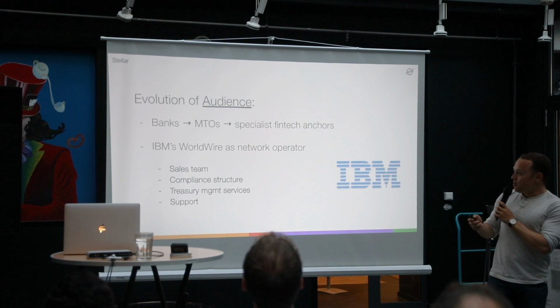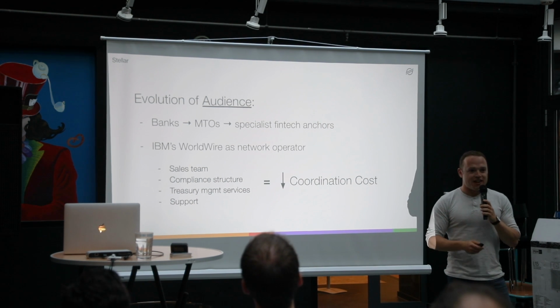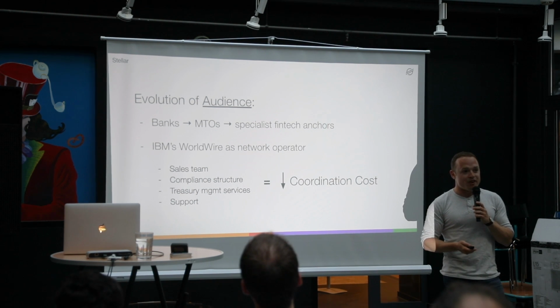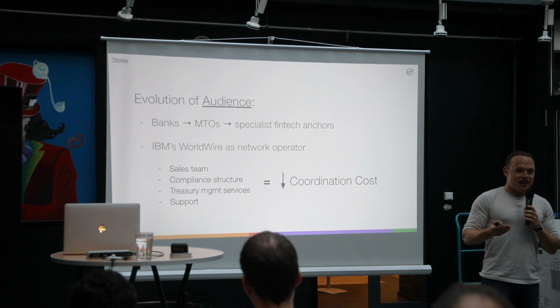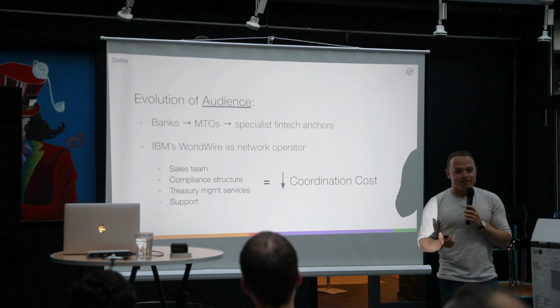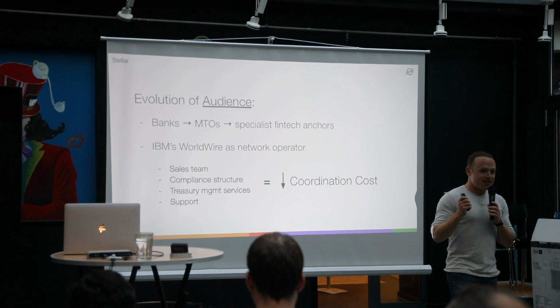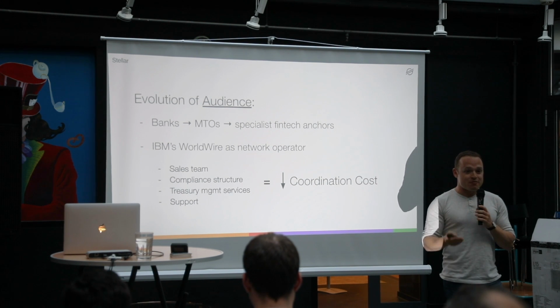And essentially, what this does is it reduces the coordination cost of building a cross-border payment network like this. Because as you all know, the technology is already there. It's a human problem. It's a coordination problem. And that's the value that WorldWire exists to provide.